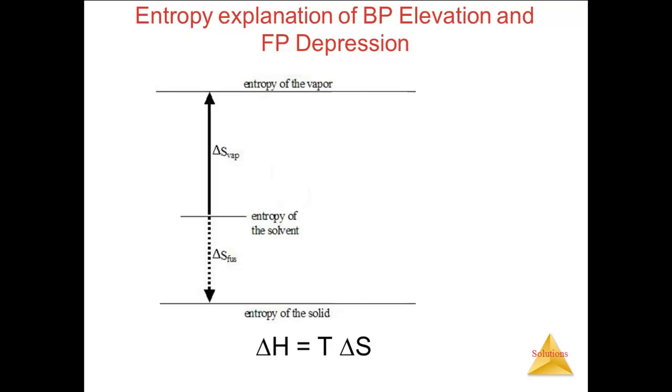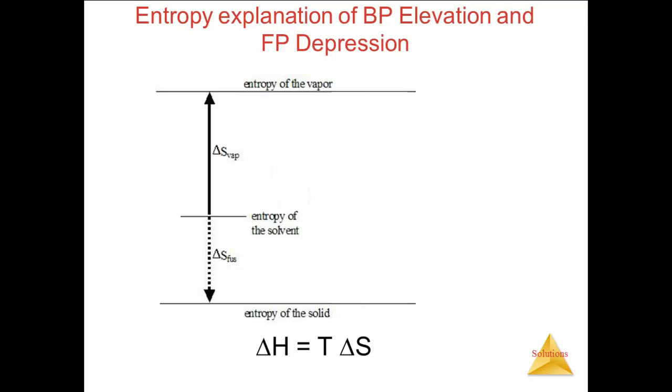The top line is the entropy of the vapor of the solvent, and the bottom line is the entropy of the solid solvent. Somewhere in the middle is the entropy of the liquid solvent. The dotted line shows the change in entropy for the freezing of the solvent, labeled delta S sub FUS for fusion.